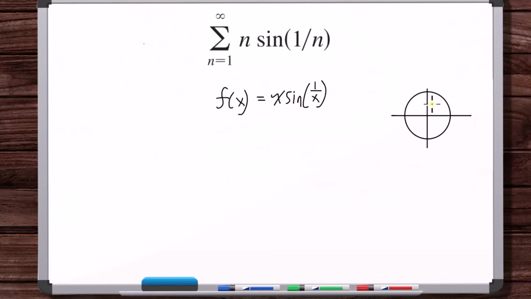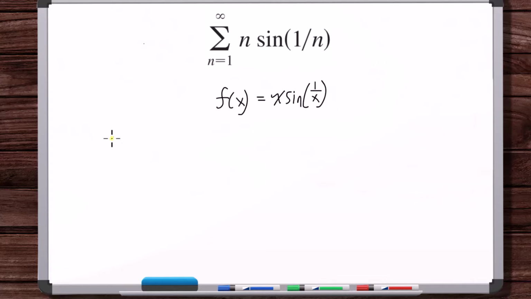The 1 over n is approaching 0 from the top, so we're coming here. What is sine doing? Sine is decreasing. So sine of 1 over n is decreasing, and then this is decreasing, so this is going to be decreasing. It's continuous, decreasing, and it's positive as well. Sine of 1 over n is always positive.